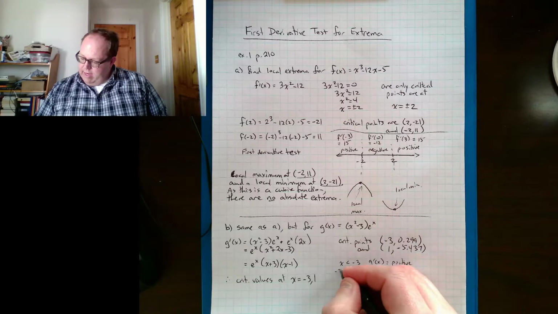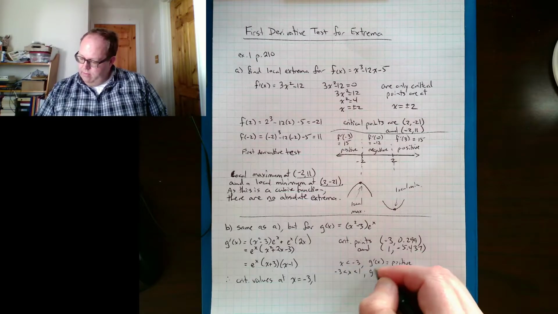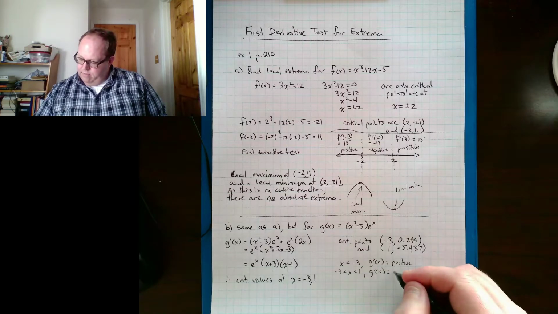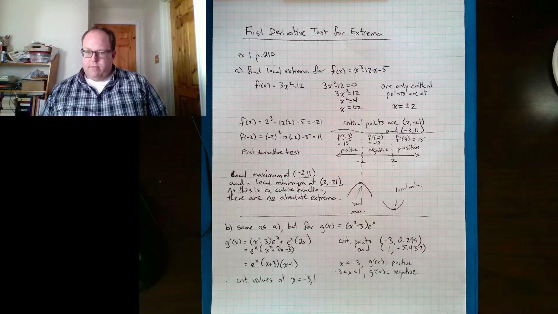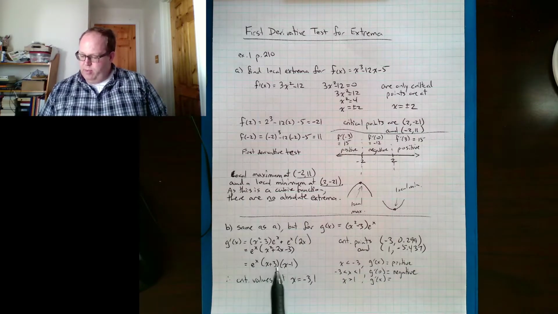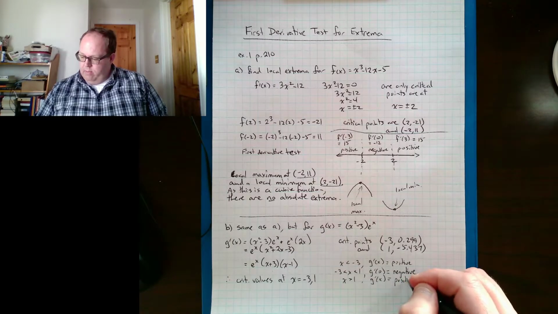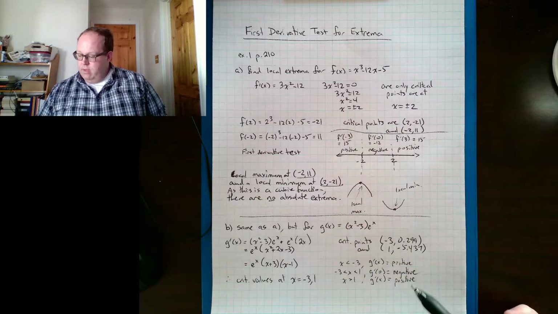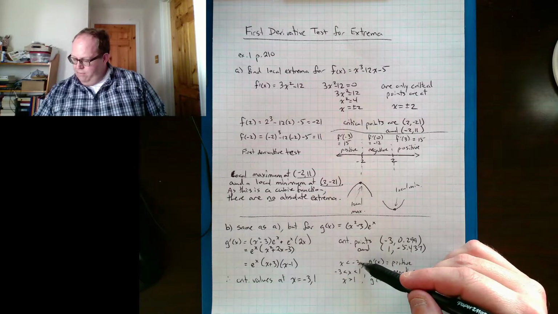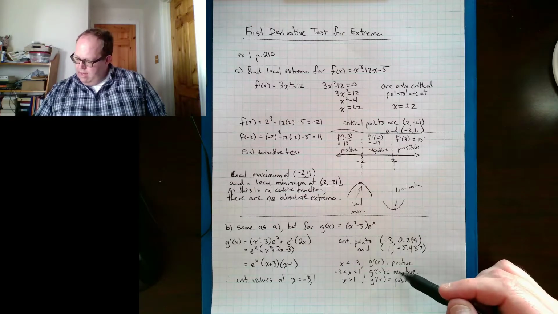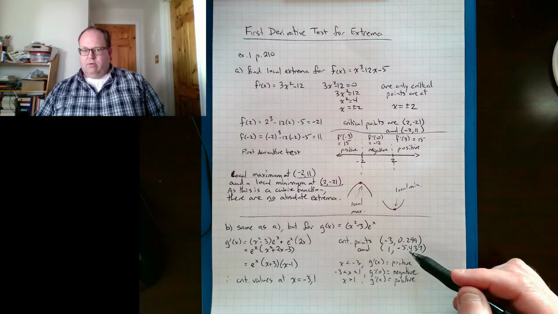For x between negative 3 and 1, this is going to be positive times negative. And for x greater than 1, I would end up with a positive times a positive times a positive, or positive. So it's the same sort of arrangement as I had up here, meaning that around negative 3, positive slope to negative slope would imply that's the local maximum. Negative slope to a positive slope would imply this is a local minimum.